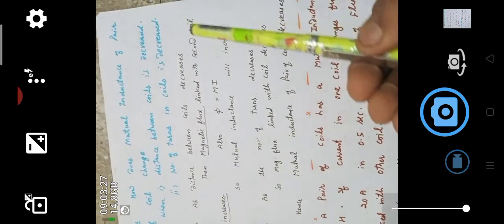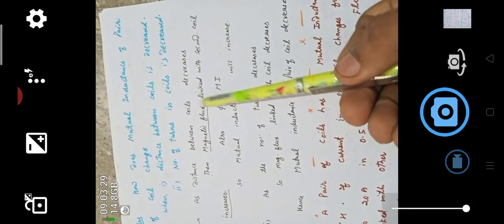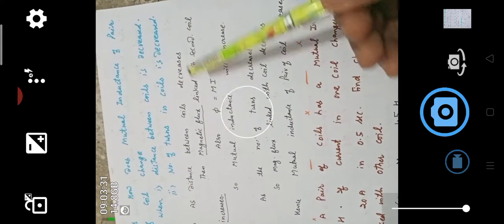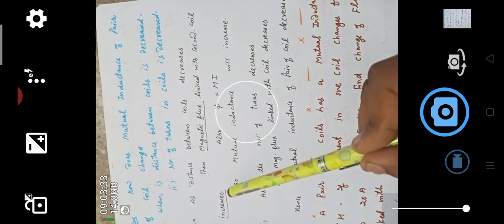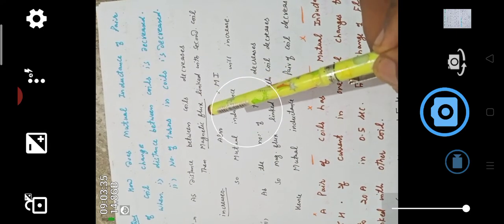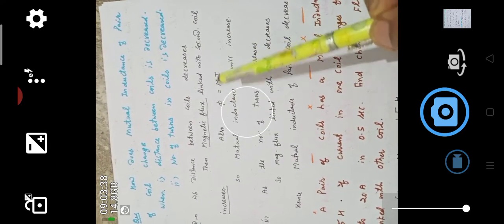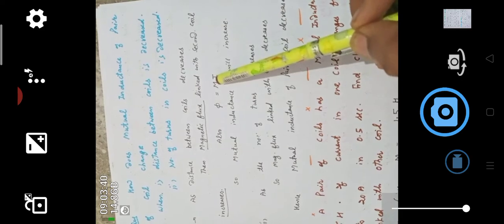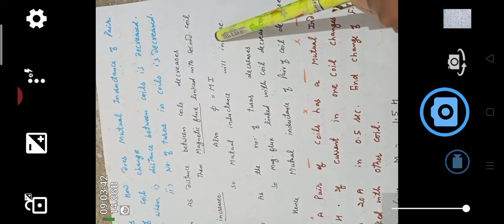Obviously, when the distance decreases, more and more flux of primary can link with secondary. So if magnetic flux increases, phi increases, then mutual inductance will also increase.